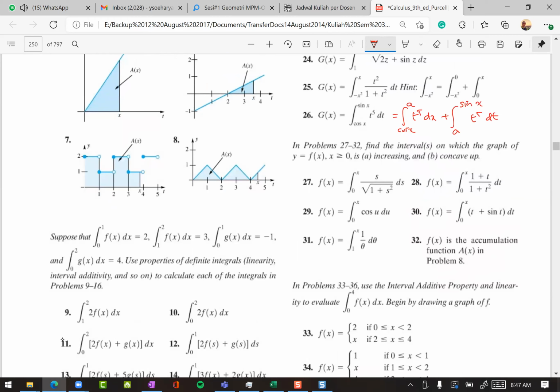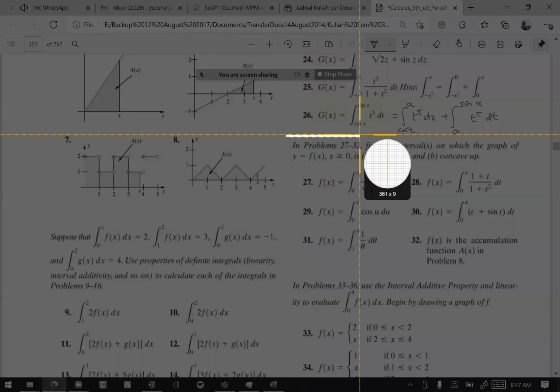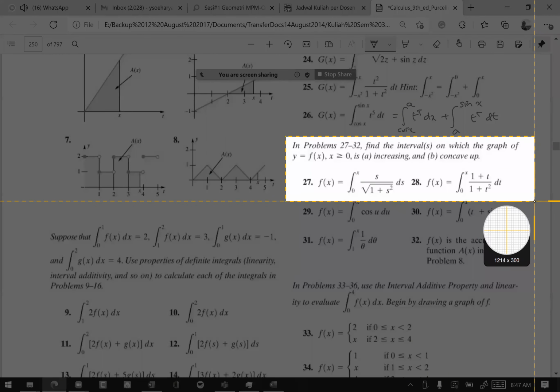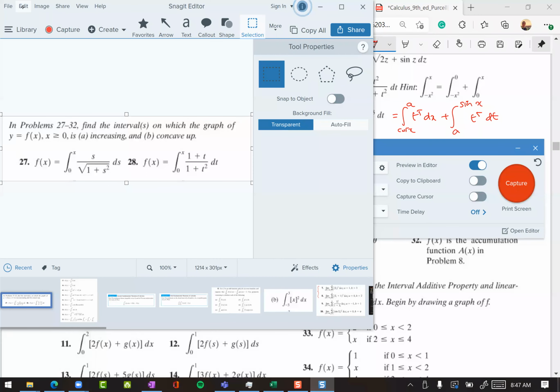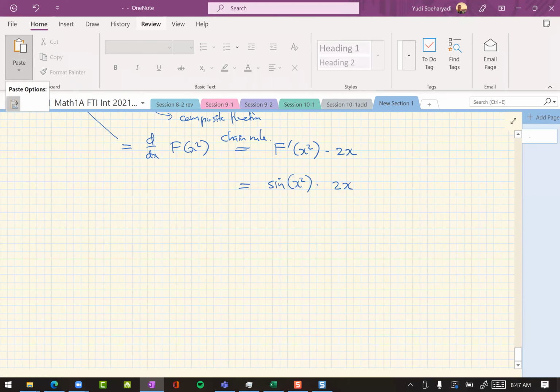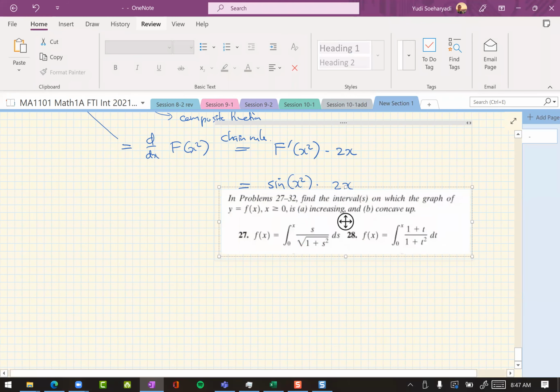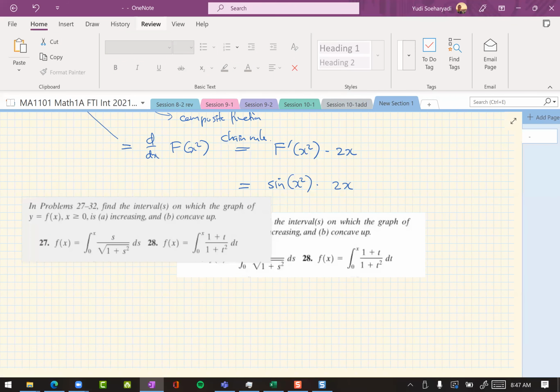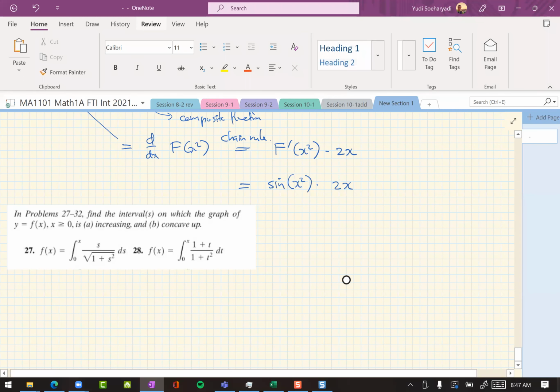Okay, problem 27 to 32. Find intervals on which the graph is increasing and concave up. Okay, I'll just do the 27.